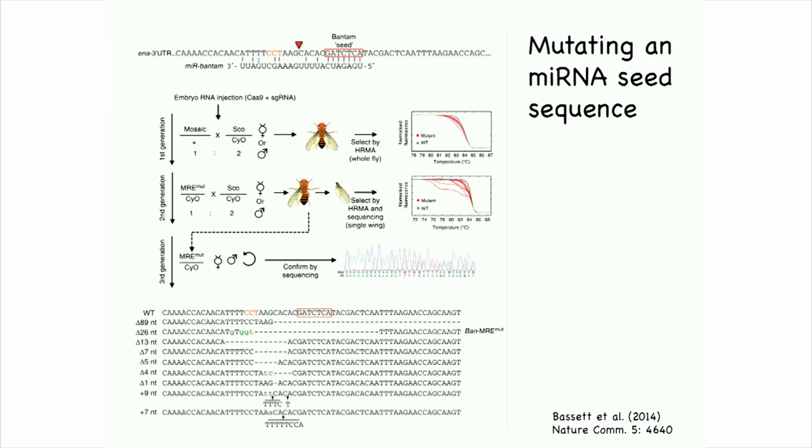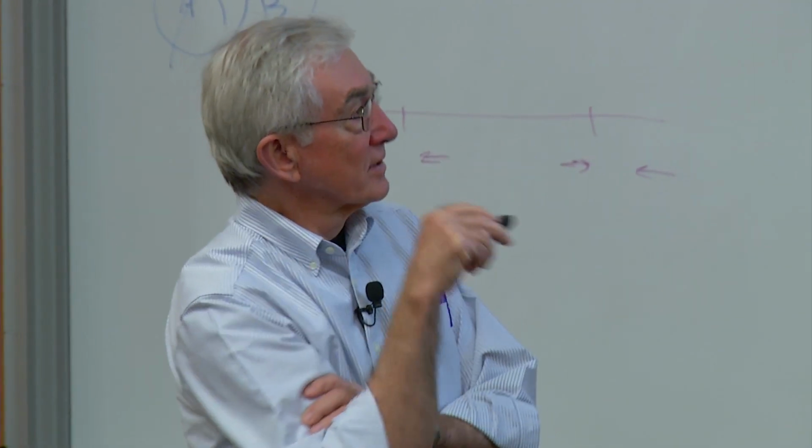And so they do the embryo injection, they do the crosses, they get out mutant flies, they sequence the mutants, and they get quite a number that will have deleted this seed sequence, and some that will have made other sequence changes in the vicinity. The microRNA is called Bantam. I don't remember what ENA stands for, but that's the target gene.